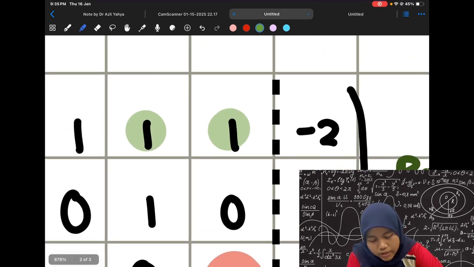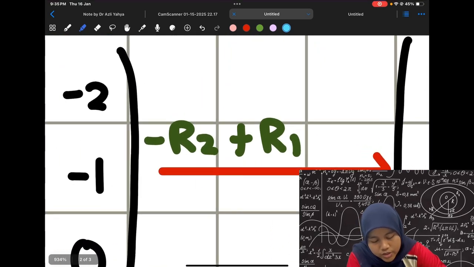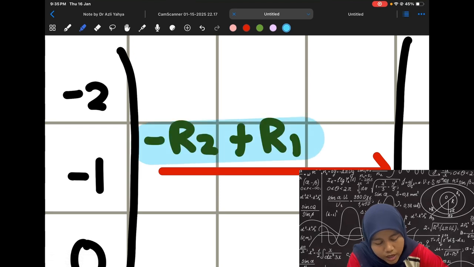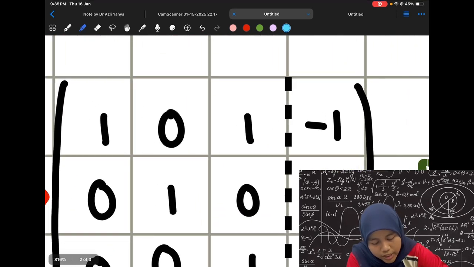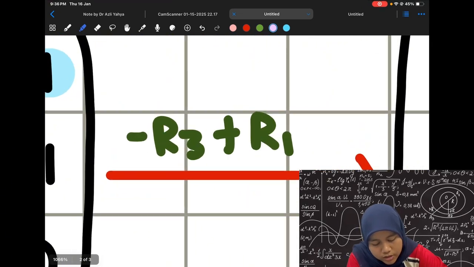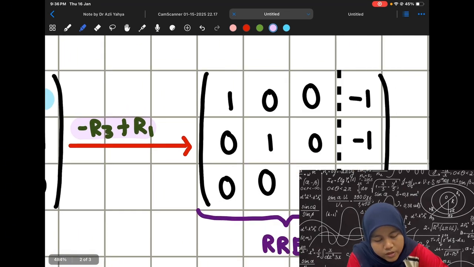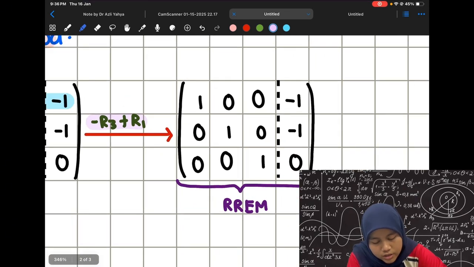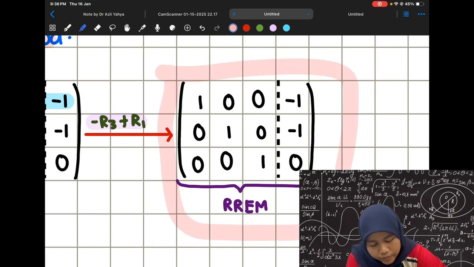So firstly I change this number first by using negative R2 plus R1, and I got this. And lastly, I change this one into 0 by using equation negative R3 plus R1. So here we got this matrix form, which is RREM.